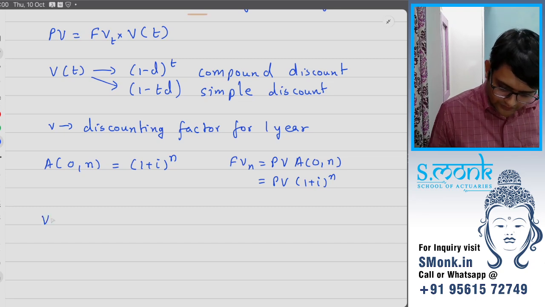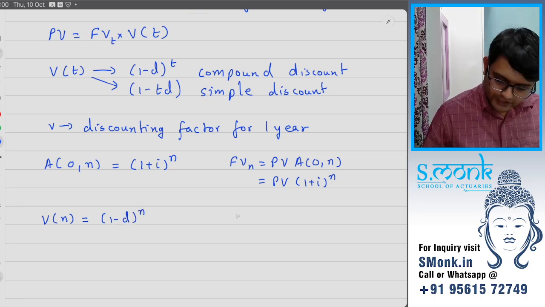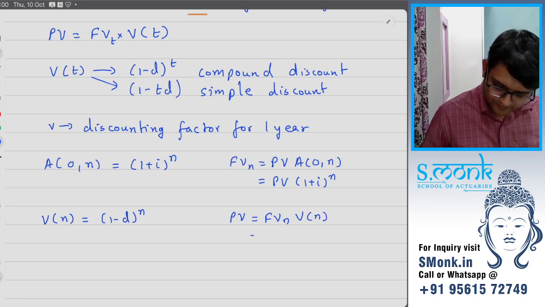And discounting factor, let's say Vn, would be (1 minus d) raised to n. We are going to use that to calculate the present value directly from the future value that is given. So future value at time n into Vn, that is nothing but (1 minus d) raised to n.